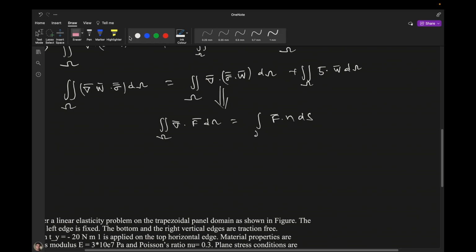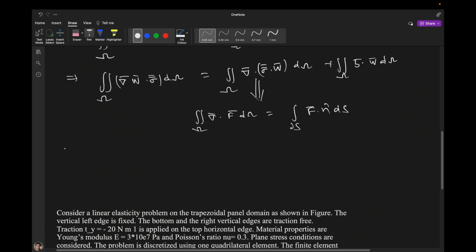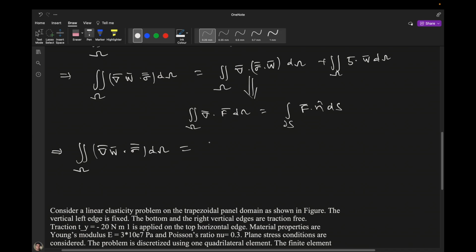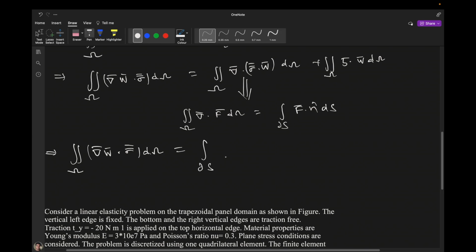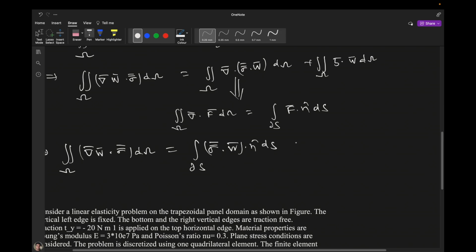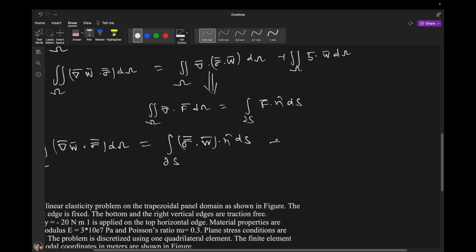Here I will use S to show the surface integral. So the result will be the surface integral of sigma transpose w dot n dS, plus this will be as it is.